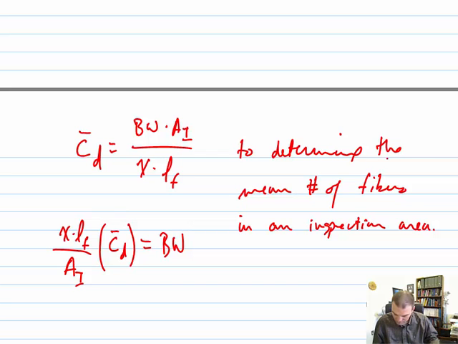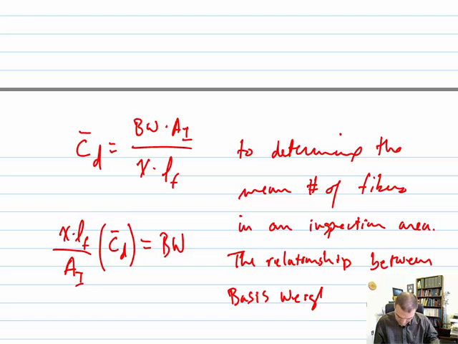So we can determine the mean number of fibers within a given inspection area, and we can also determine the relationship between basis weight and center density.